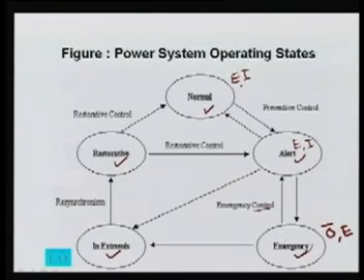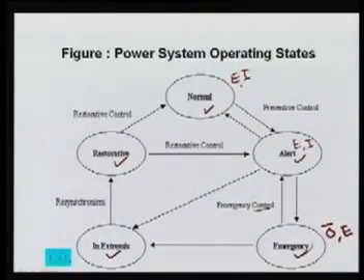There is a possibility that even though another contingency is occurring after that, it's not only one contingency that will occur at a time. If several contingencies are occurring, then your system will go into the extremis. Here both your equality as well as your operating constraints, which are inequalities, are not satisfied, and then it is the extremis. If you are landing here, then you have to go for the load setting, because your load constraints are not satisfied, means you have to change your loading, and then resynchronization is required for the remaining system.